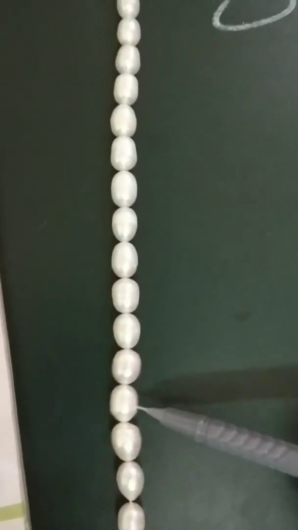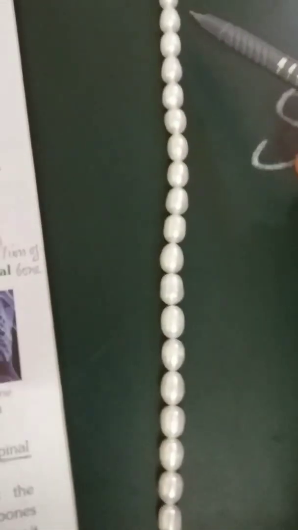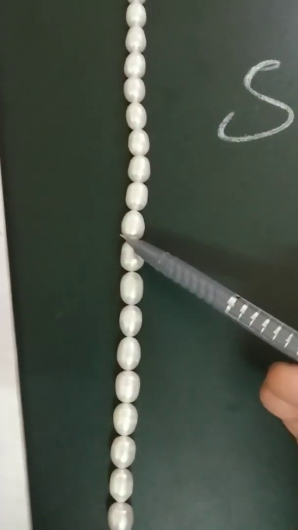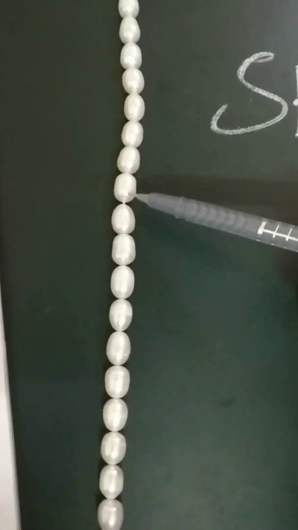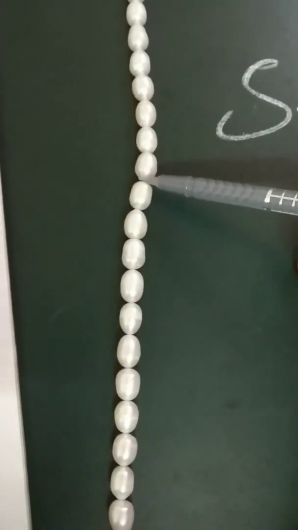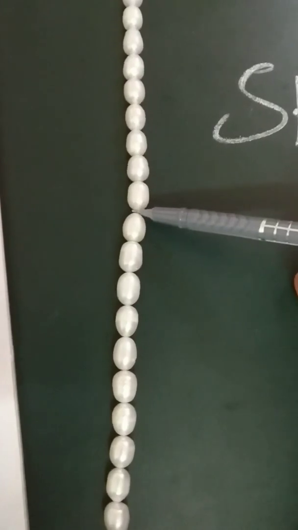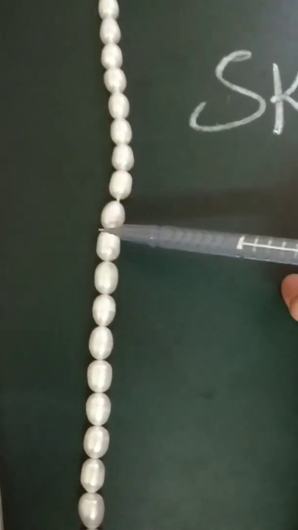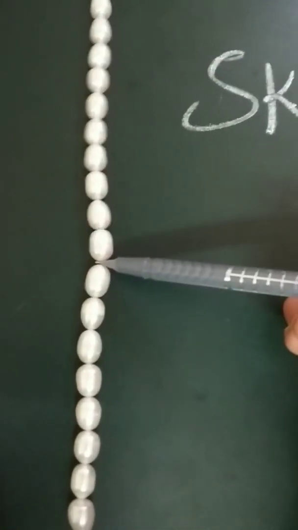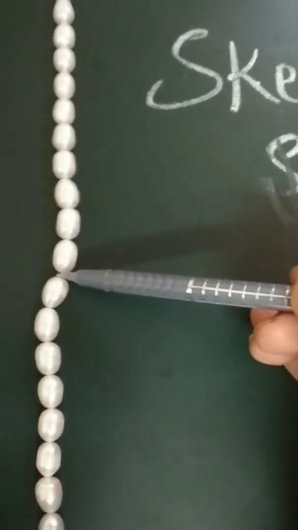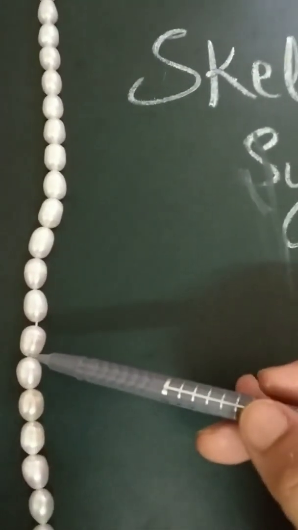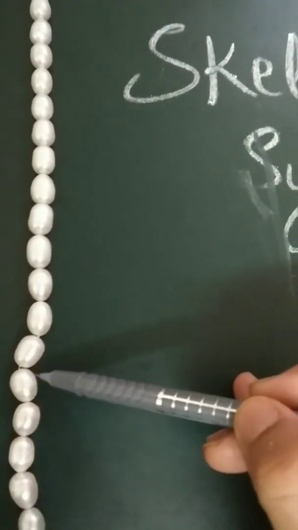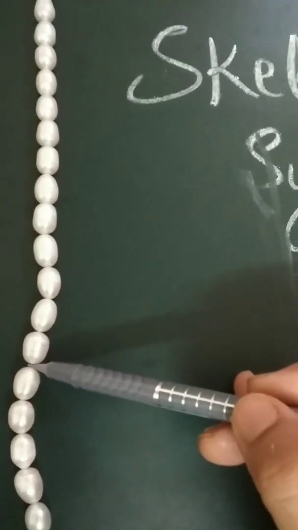In the center, the spinal cord is protected. Between each vertebra, cartilage is present, which helps the vertebrae slide over each other and helps the spinal cord bear body weight.